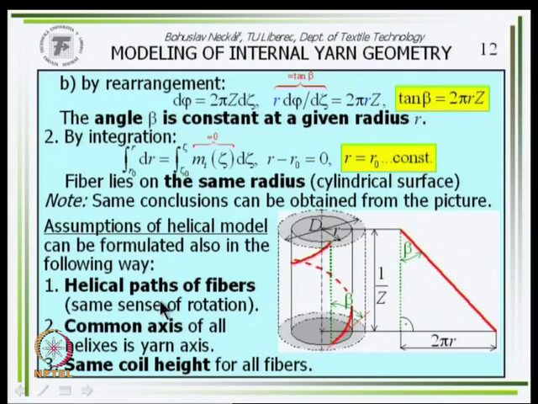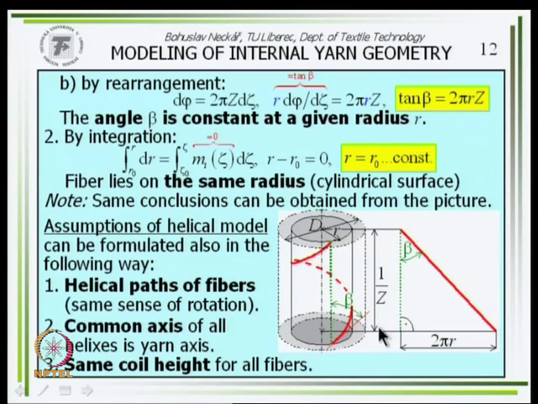These two equations are the basic equations for the helical model. But we can also interpret this helical model very easily. This is some scheme of the yarn according to the helical model. On the general cylinder of diameter R lies one red fiber.